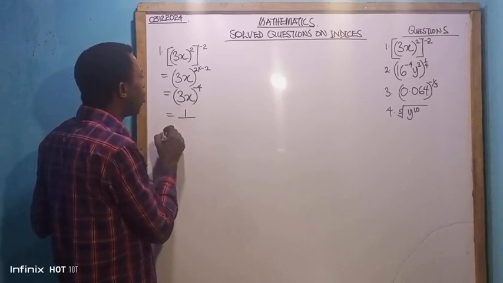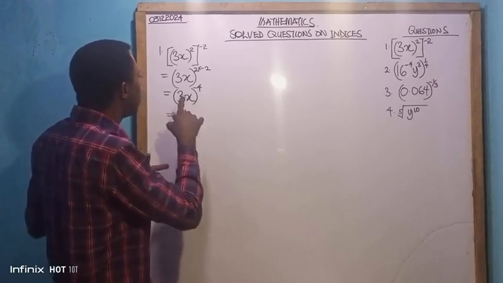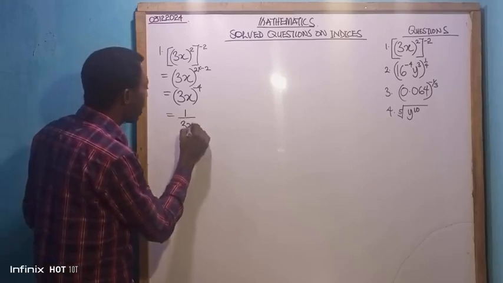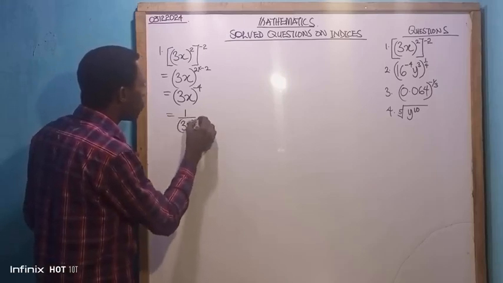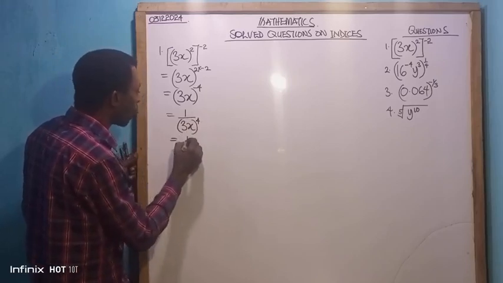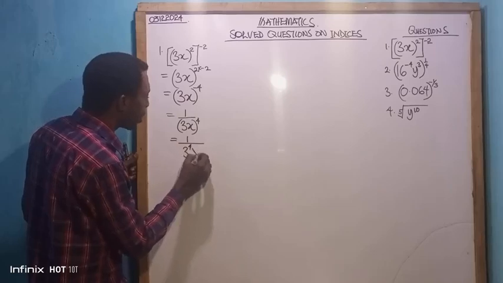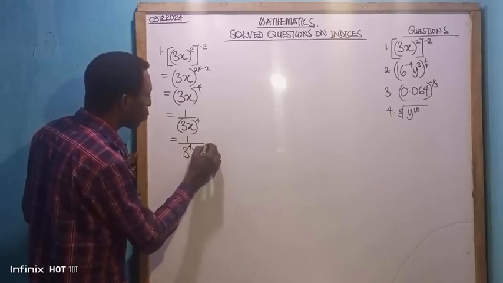That will be 1 over (3x) raised to power 4. So what we are going to have here is 1 over 3 raised to power 4 multiplied by x raised to power 4.